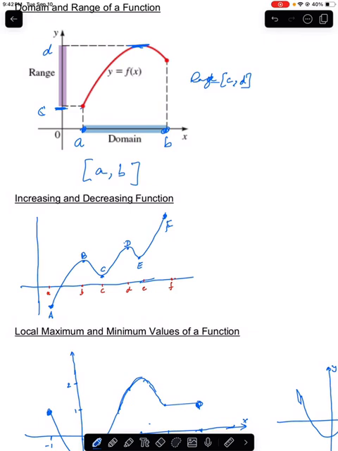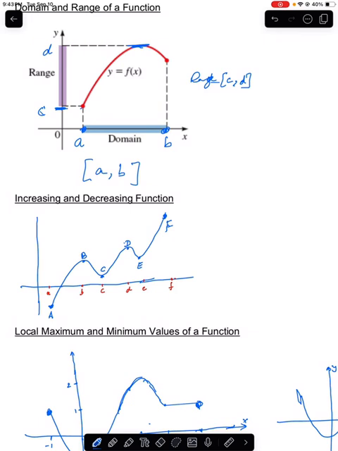I have corresponding x values down there, little a, b, c, d, e, f. How do we check whether the function is increasing or decreasing?